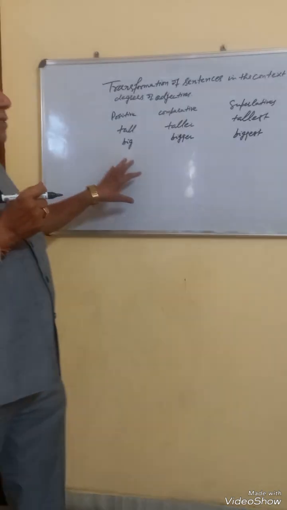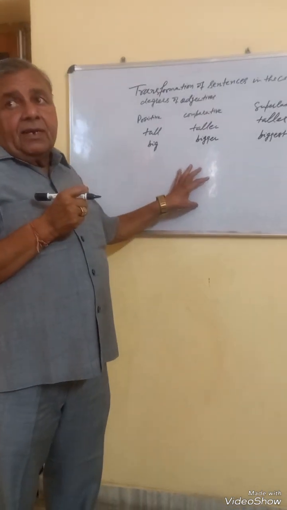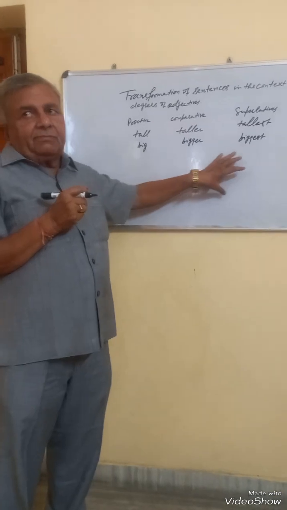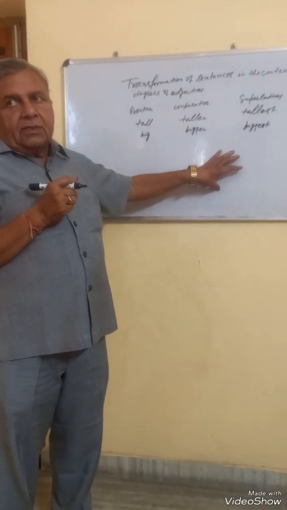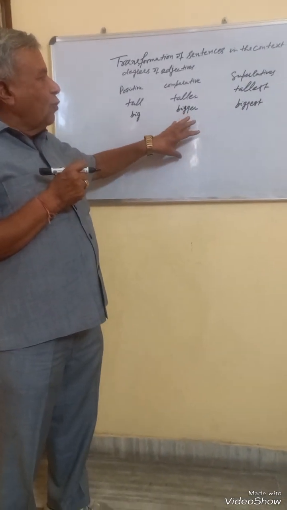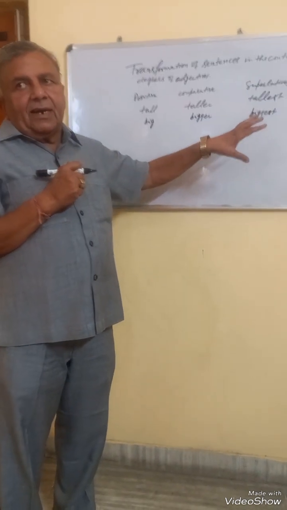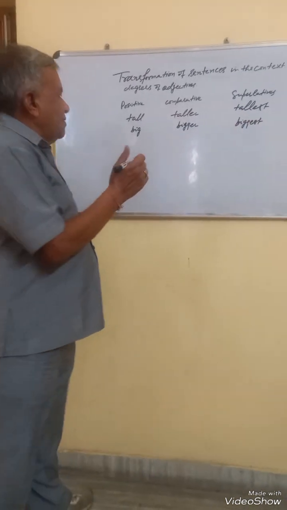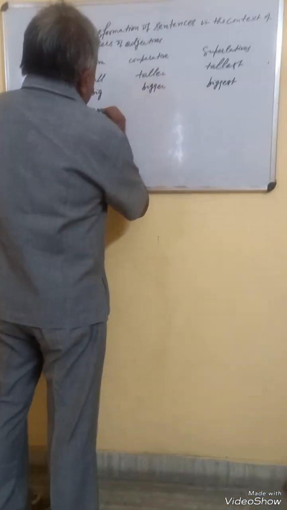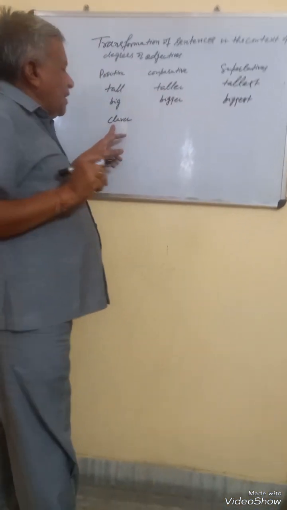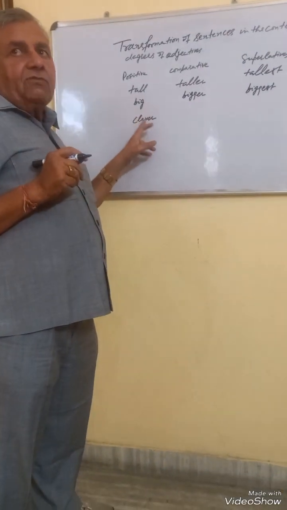There are certain words which have two syllables and their comparative and superlative degrees can be framed in two ways. They can be formed by using more and most and can also be formed by using ER or EST. For instance, clever, it is a two-syllabic word, clever.